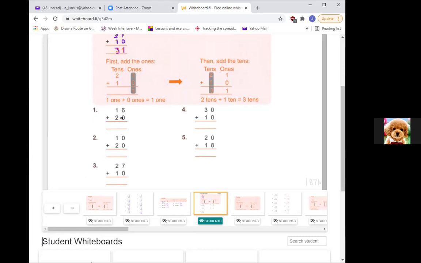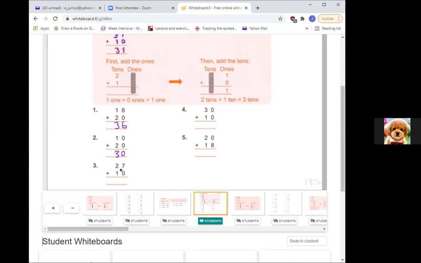It's 16 plus 20. Right, so 6 plus 0 is 6. 1 plus 2 is 3. The answer is 36. Maxim, can you do number 2? 30. Right, 10 plus 20 is 30.